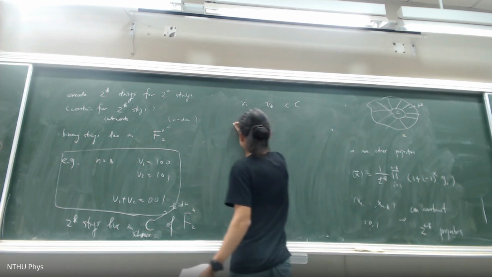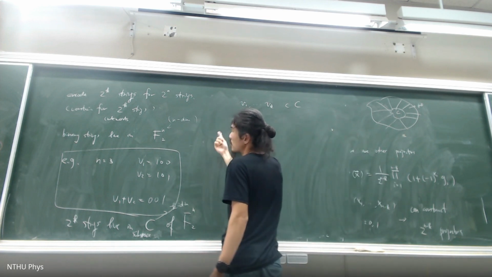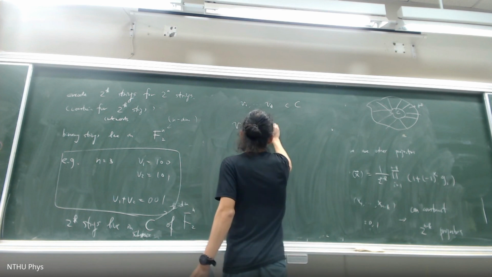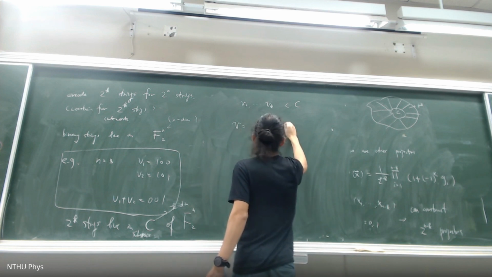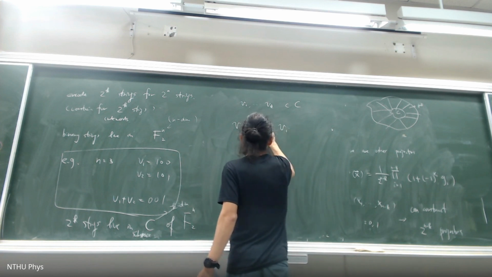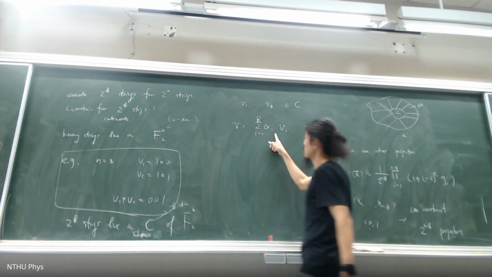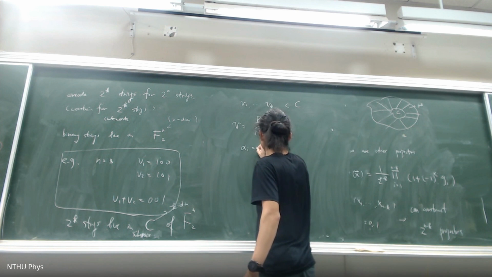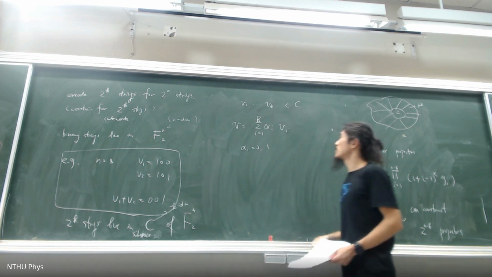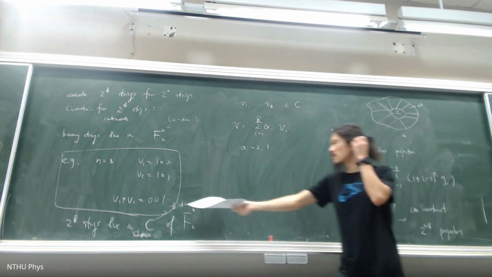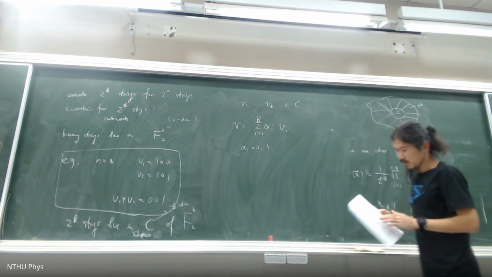So it should be the code word. The information can be expressed by this form. And of course, this coefficient is either 0 or 1. This also satisfies this constraint.